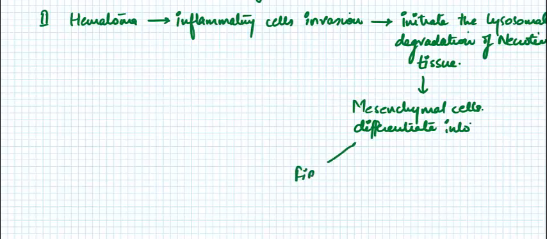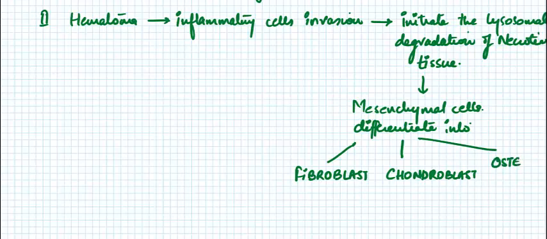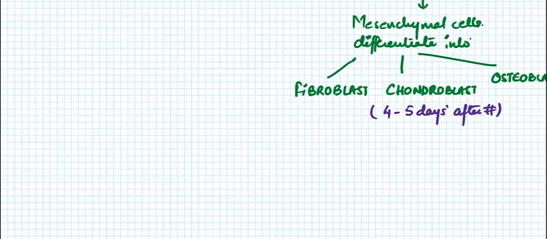First is fibroblast, that helps in the formation of your soft callus, then chondroblast, and then number 3, the bone forming cell, that is your osteoblast. So the mesenchymal cells get differentiated into different kinds of cells. This process starts within the first 4 to 5 days after fracture.